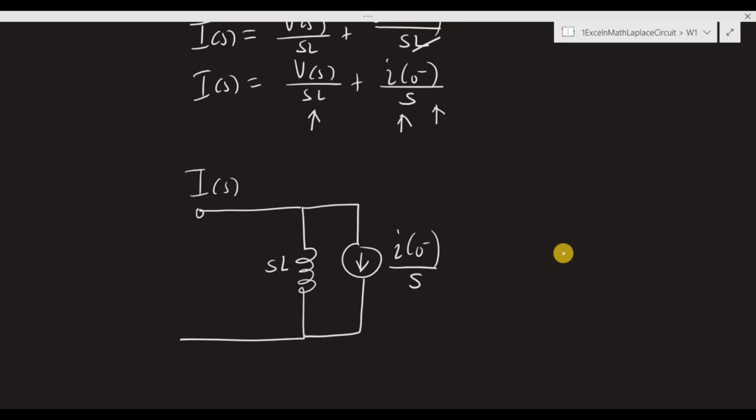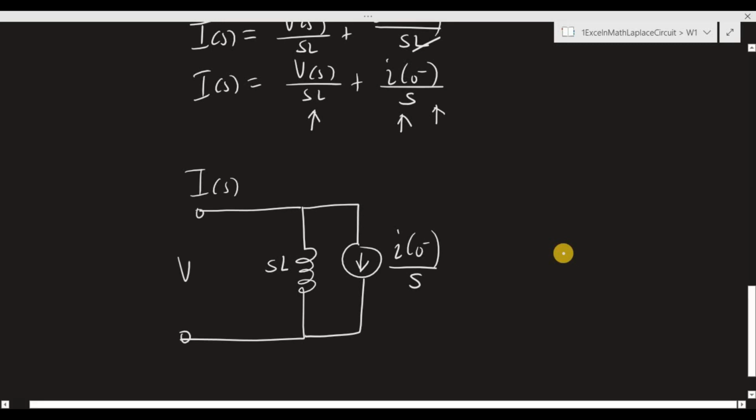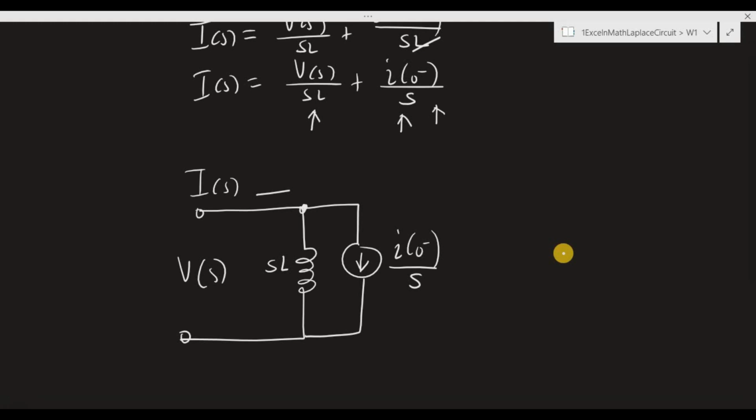The voltage across this terminal is of course V of S. So this current I of S splits into two after reaching this junction. The current through the inductor is V of S over SL, which is this term.